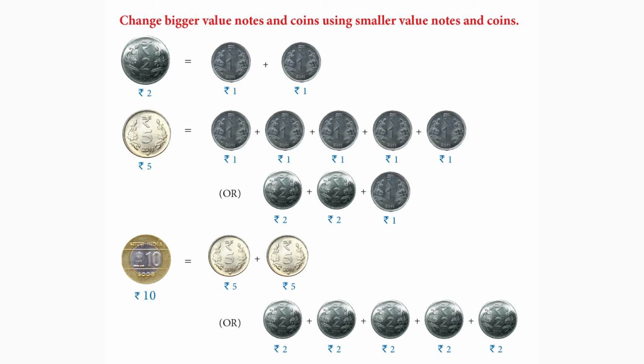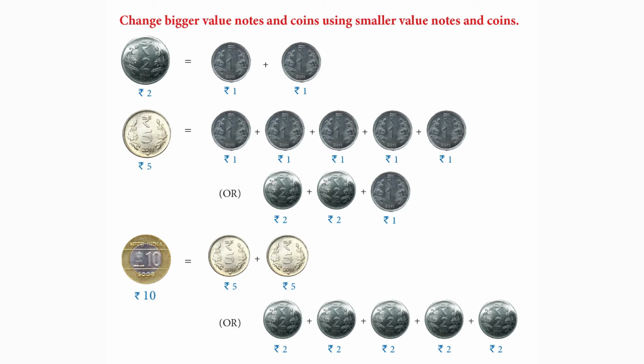If you have a 2 rupee coin, you can get the change of a 1 rupee coin and again another 1 rupee coin. So 1 plus 1 is 2, right? So if you give a 1 rupee coin and another 1 rupee coin, then it becomes a change for the 2 rupee coin.